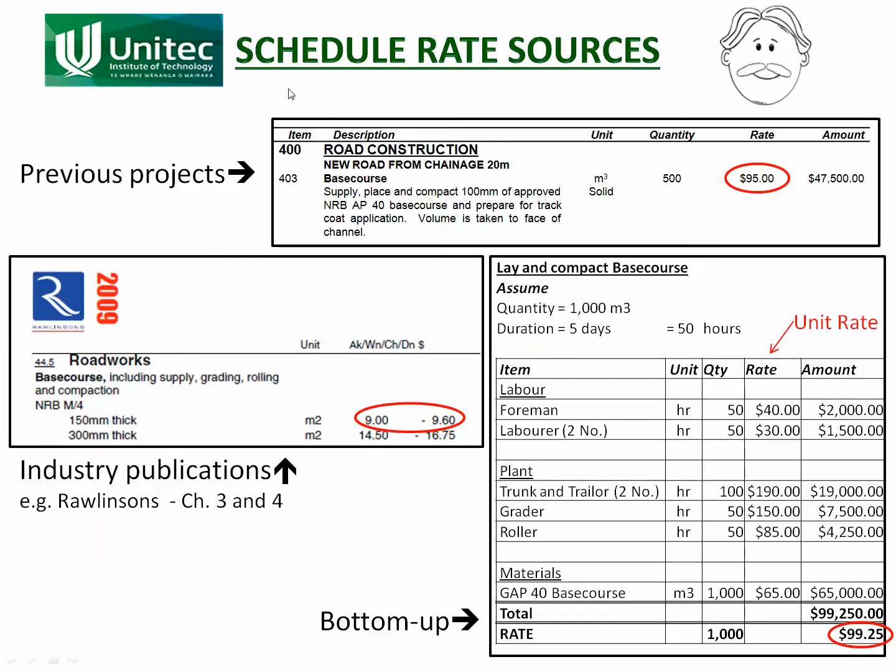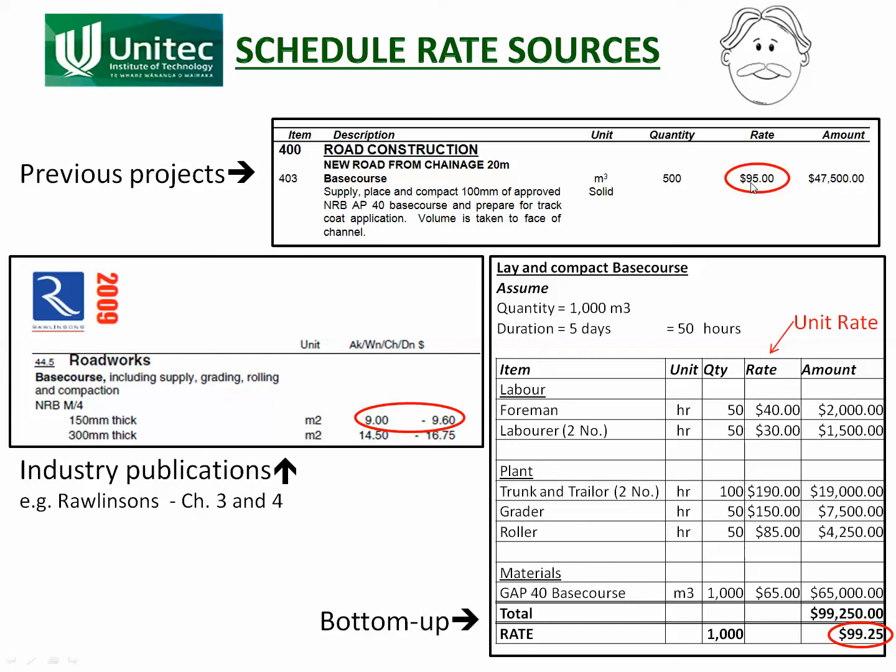Now we're talking about how do we determine what those rates are, and there's different ways of doing it. The most common way of doing things is from previous projects. You, or your company if you're working for a consultancy, will have the tender submissions from previous projects. So you'd go through those and you'd find out what previous contractors have put in for it. In this case, you might be designing a road, and you need to figure out how much it's going to cost for the base course. You go back to a previous job and you find that item 403 of this previous job is very similar to the item you're trying to price now.